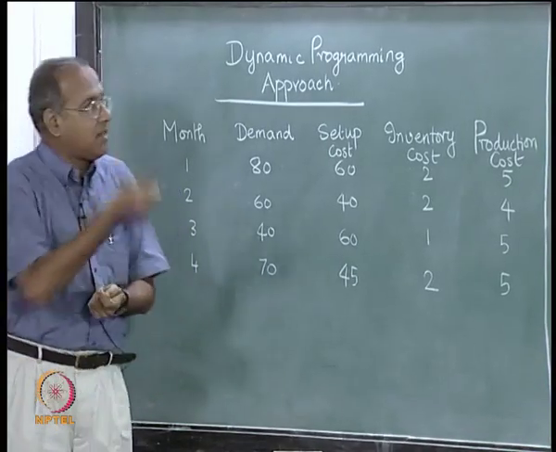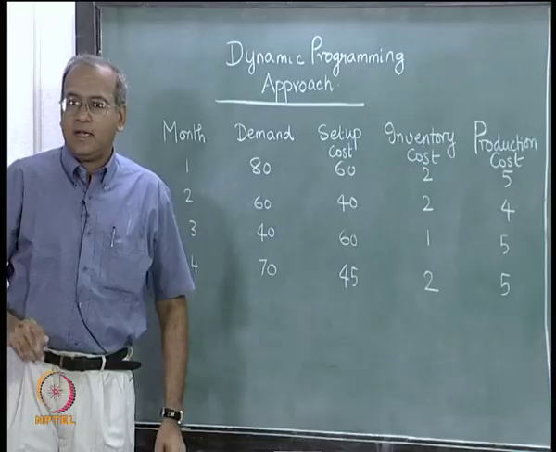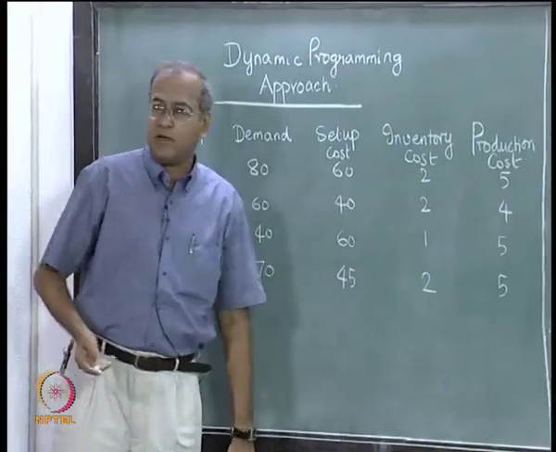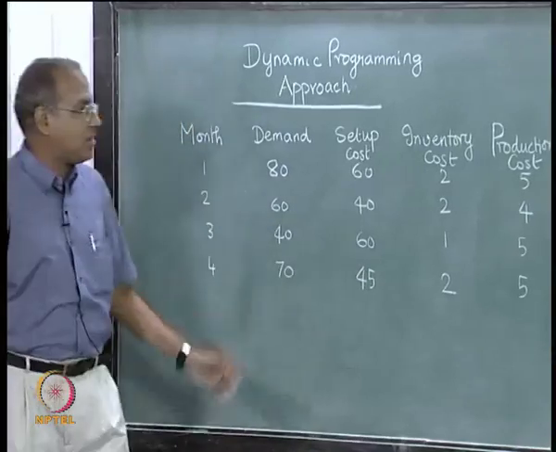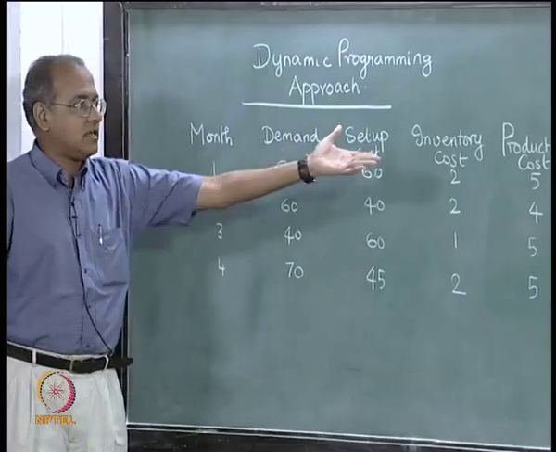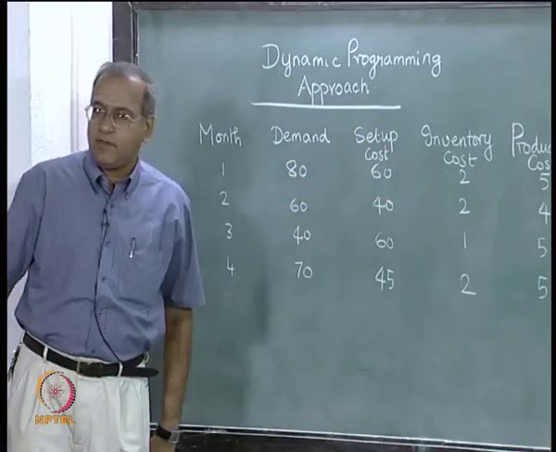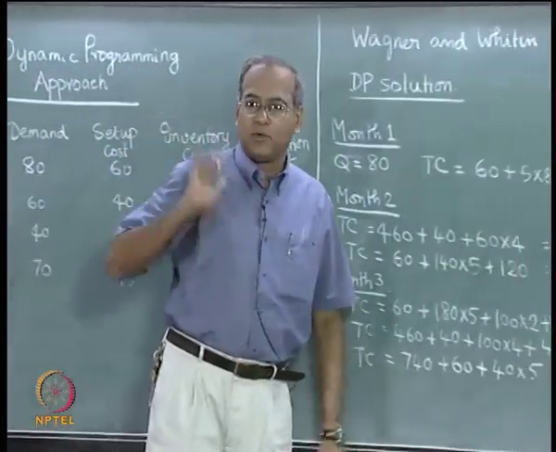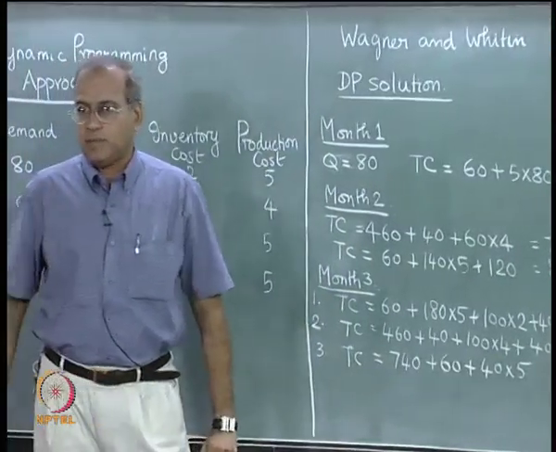Whereas, if we had not applied the Wagner-Whitin idea and done it using dynamic programming, then the state variable can take any value from 0 to 250, and we would have evaluated many more scenarios. So, the Wagner-Whitin idea has helped in the dynamic programming solution to this problem.